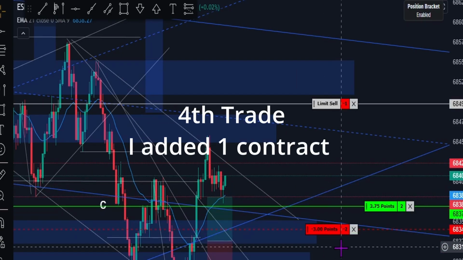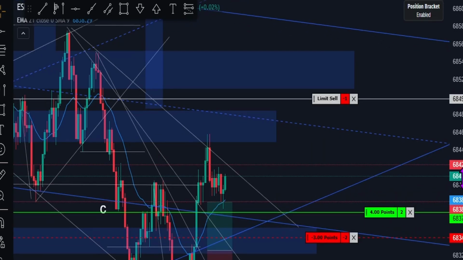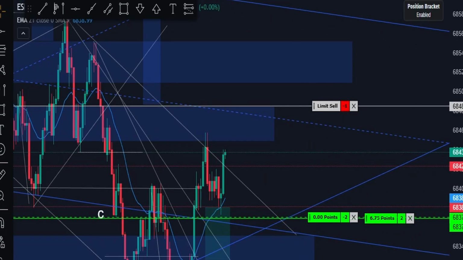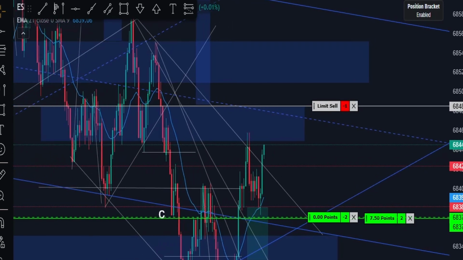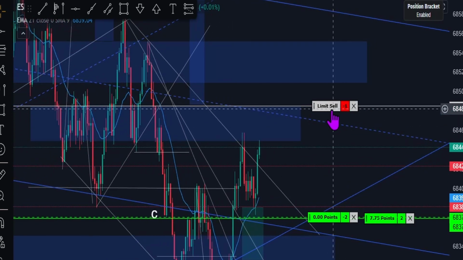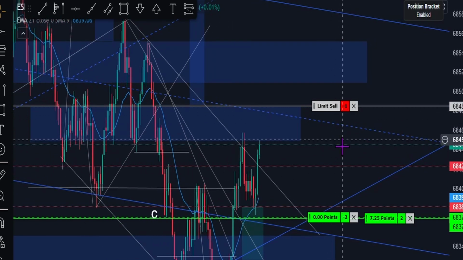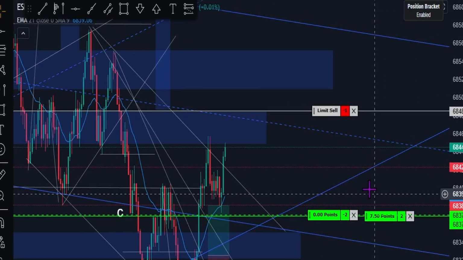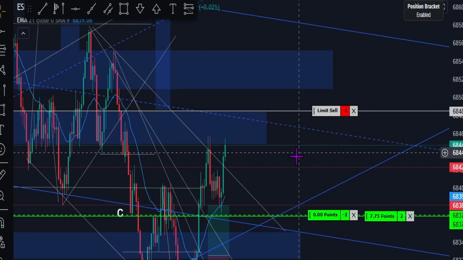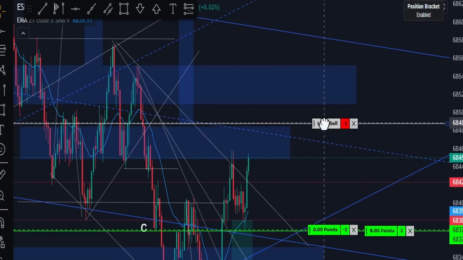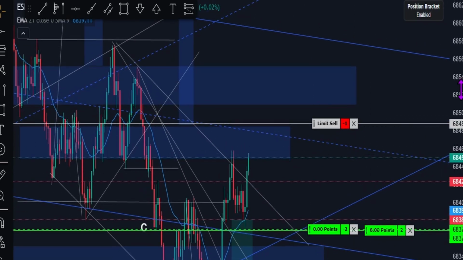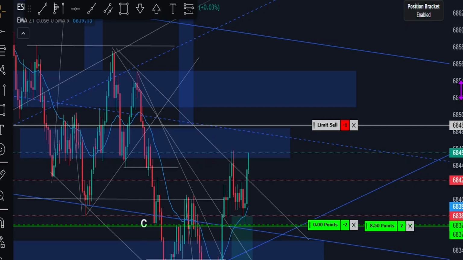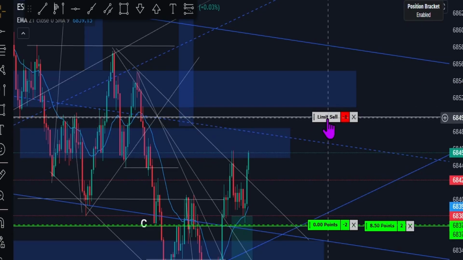Order filled. There are going to be some oscillations here, so be prepared for that. You see, yeah, this could be a target price. So wait. Yes, wait.